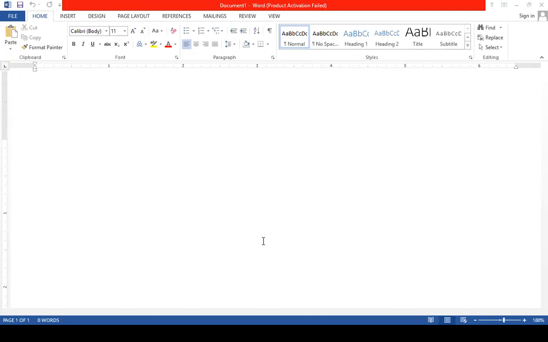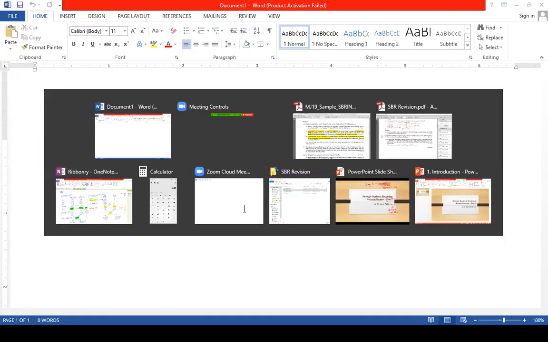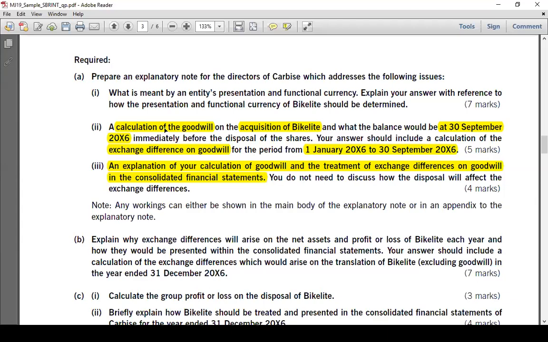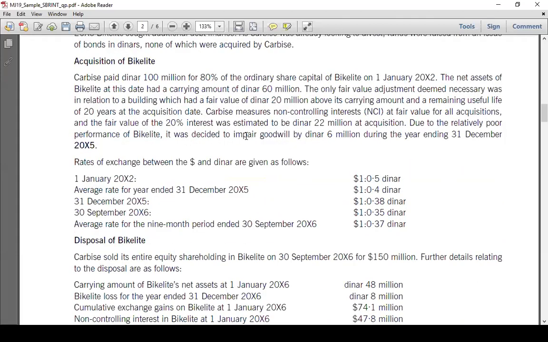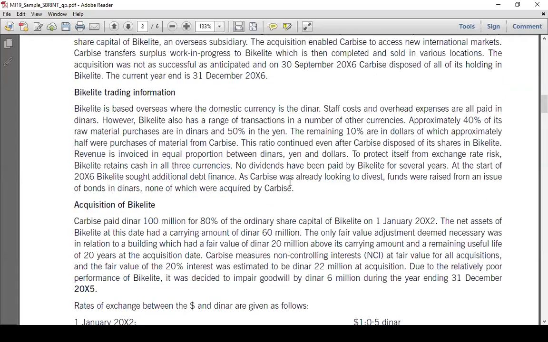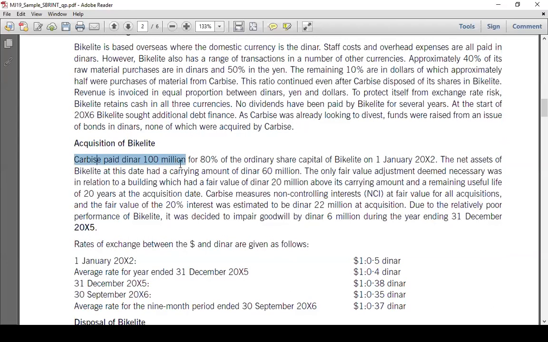No, Ahmad, the question is specifically mentioning a calculation of goodwill on the acquisition of Bike-Lite, and means it's a new requirement. And what balance would be at 30th September 20x6. So the date of acquisition was actually different in this. It says that we have paid 100 million on 1st January 20x2.